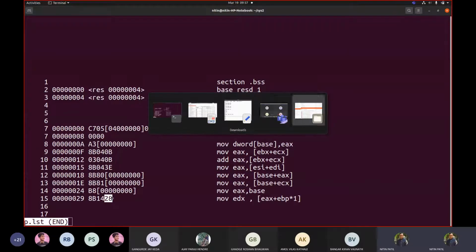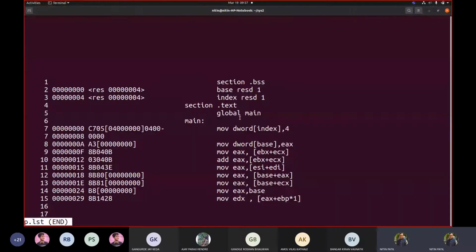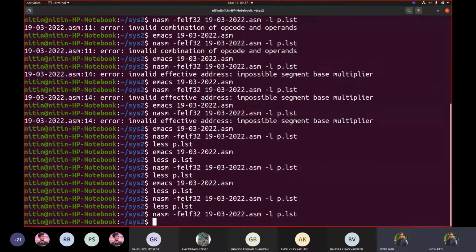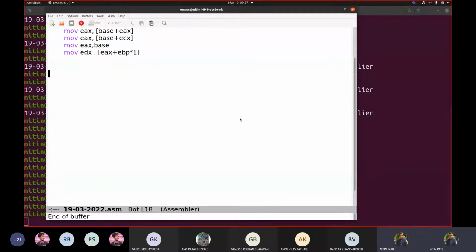So where is that 28? 28 is here because it is taking that EBP there. So this was taken as a base pointer. That's why we took EBP multiplied by 1. So we took it as index. So if I replace that by ESP, let us see what happens.